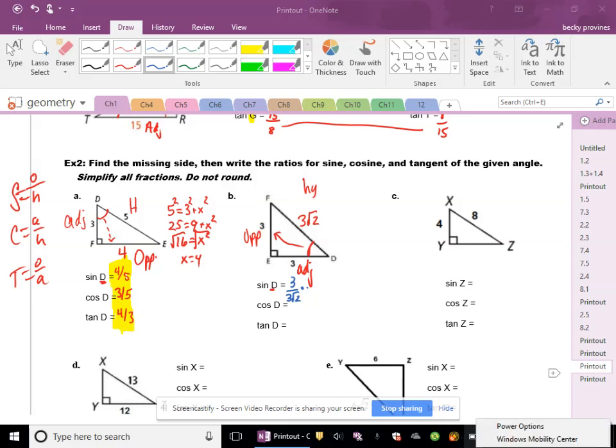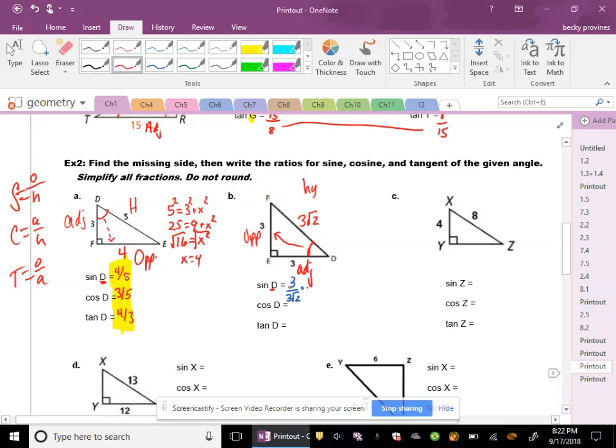If you have a yellow calculator, you can type in 3 over 3 root 2, and it will simplify this for you. If you're taking I-Step, though, you won't have that calculator, so this is something you need to know how to do on your own. So let's simplify this. 3 goes into 3 once, and 3 goes into 3 once. So I am left with 1 over root 2.